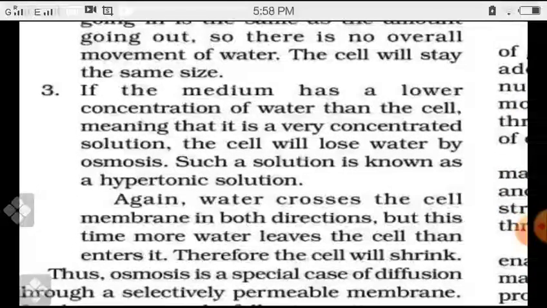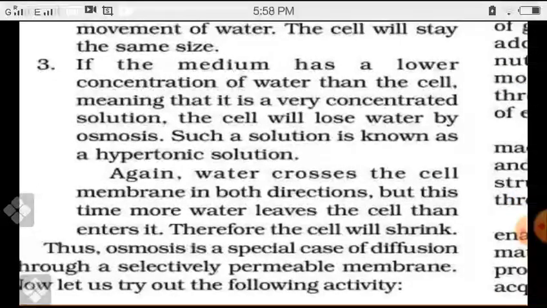Now, the third condition, what is happening over here? If the medium has low concentration of water, what should we do? In the beaker, we have taken some water, and to that we should add more salt or sugar. So the concentration will be very high and the water will be very less, meaning that it is a very concentrated solution.